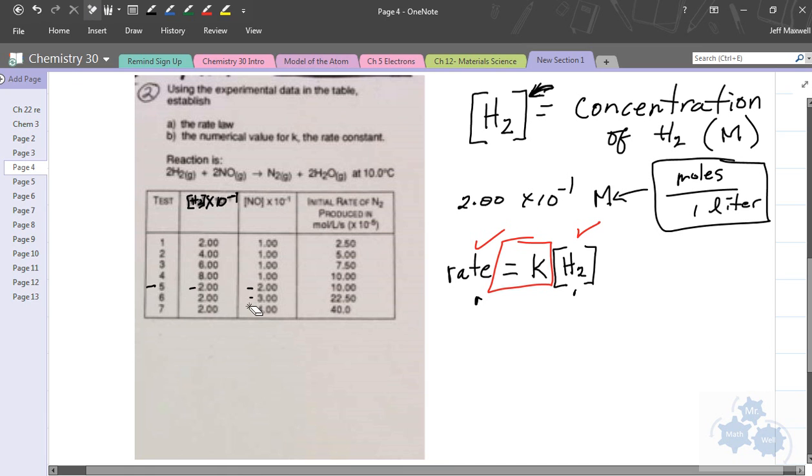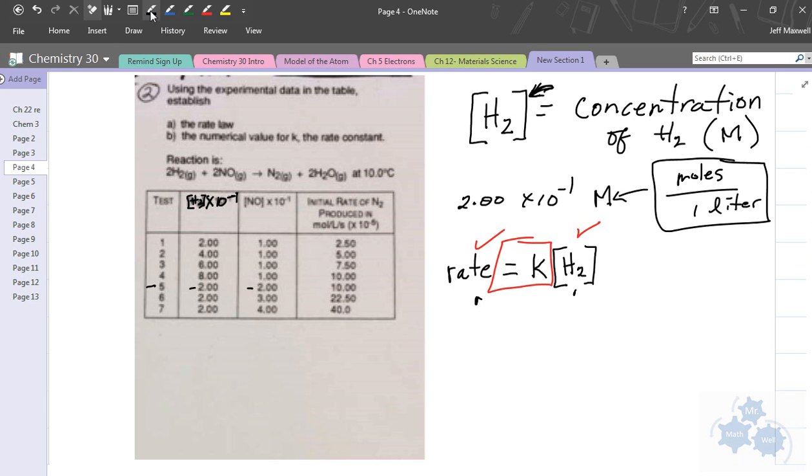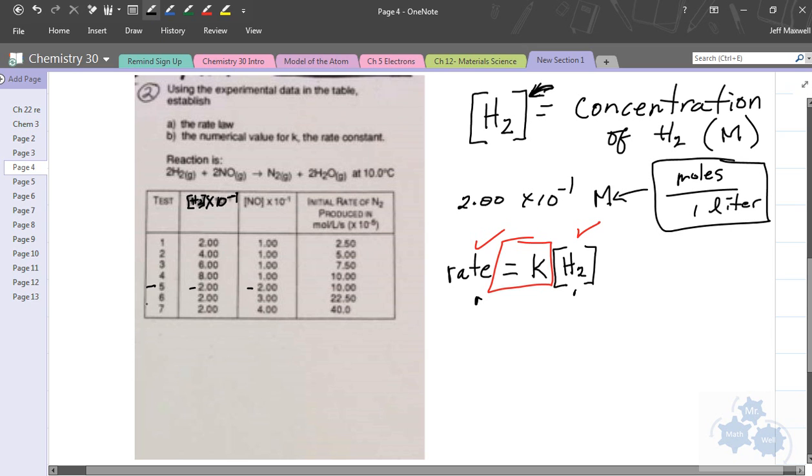Okay, 5 to 7. What's happening between 5 and 7? So 5 and 7, this is not changing. That's good. And this is doubling. Okay, good idea. Let's do that one. 5 to 7. So this is staying the same, and we are doubling. You see that? That's 2, and this is 4.